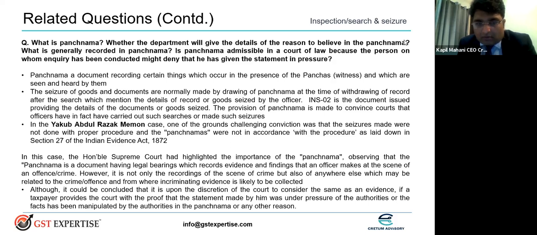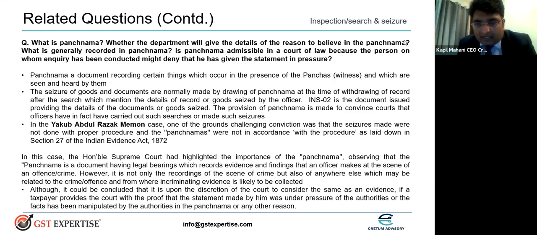In this case, the Honorable Supreme Court highlighted the importance of Panchnama, observing that the Panchnama is a document having legal bearing which records evidence and findings that an officer makes at the scene of an offense or crime.